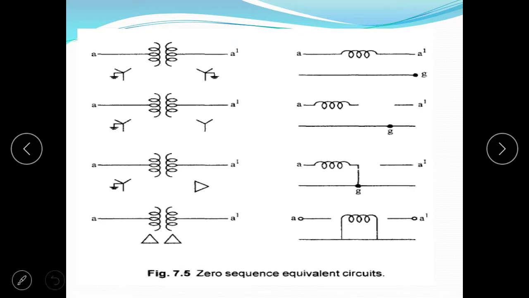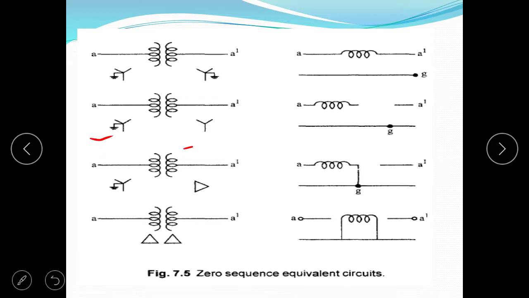This figure represents the zero sequence network for the transformer.